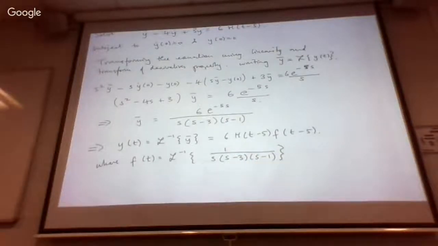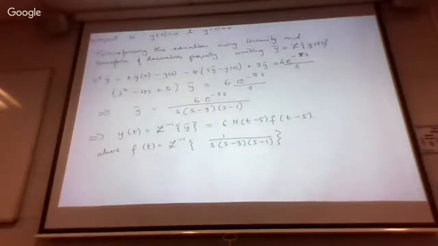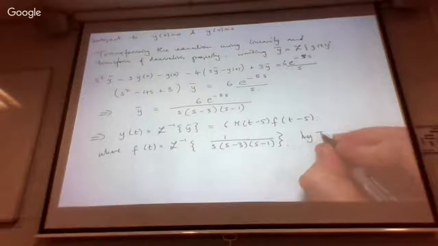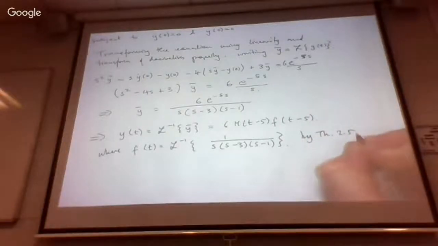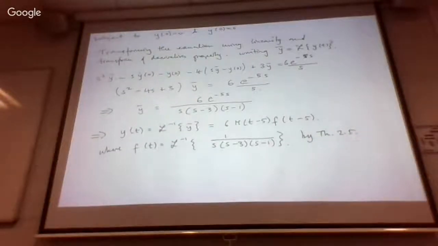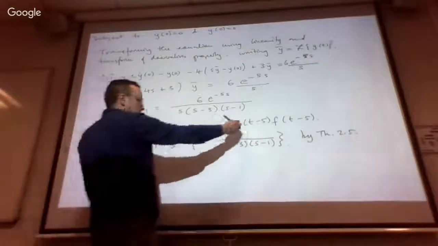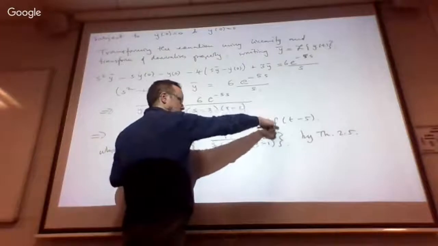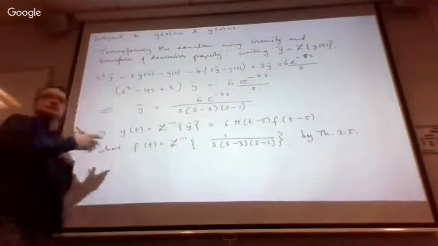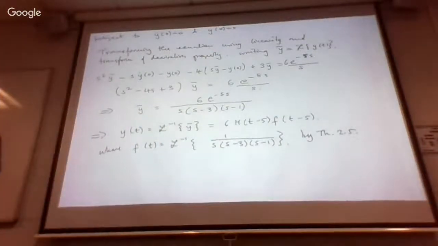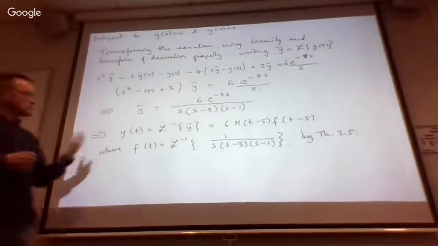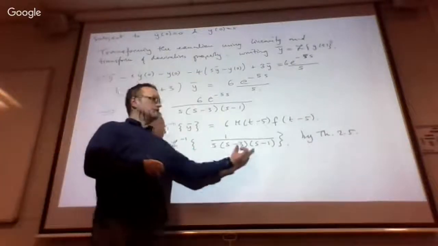Agreed? This is by theorem 2.5, using the result listed on the table. So we've got our solution in principle, 6 times the Heaviside times this function f evaluated at t minus 5, but we don't quite know directly what the function f is yet. But it is the inverse transform of this one.